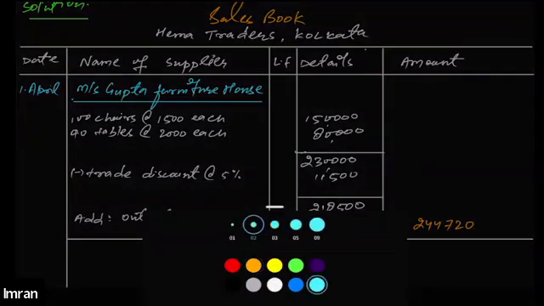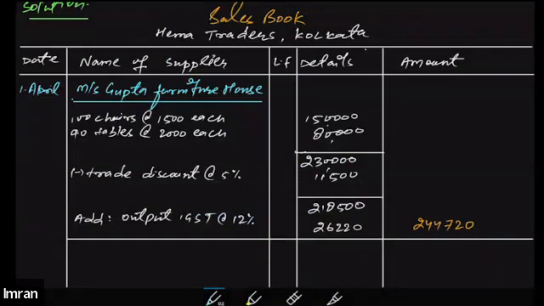Please confirm if this transaction is clear, everybody. Everyone able to understand this transaction? Yes or no? Yes. Okay. So are you finding anything different in the sales book? Don't you think it is pretty much similar to the purchase book?